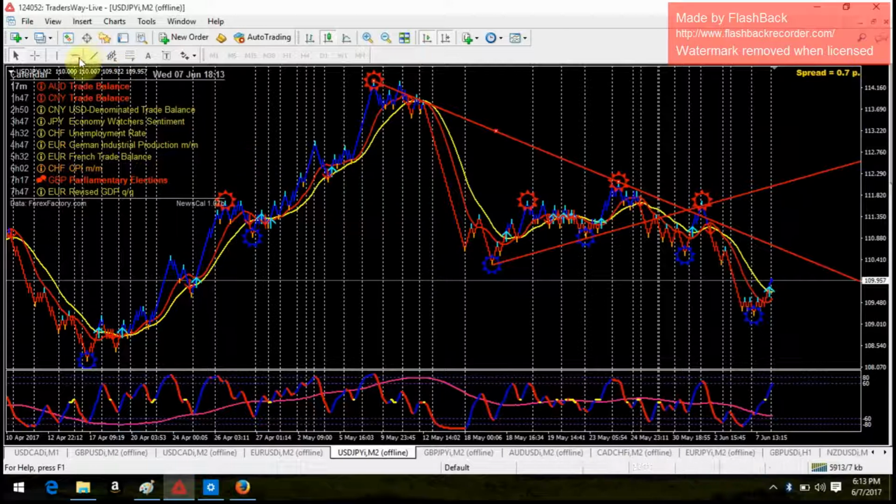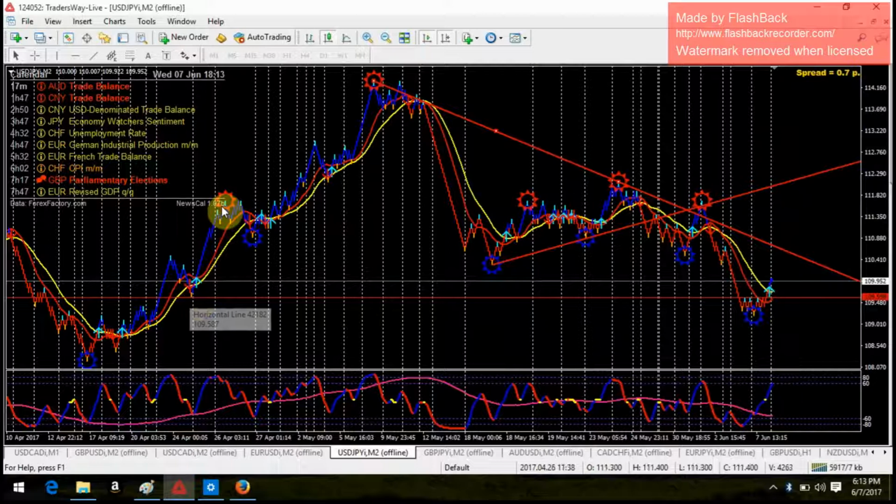This is a horizontal line. Sometimes I use this tool to point out points. From this point we saw it rose a large percentage, so that means this area right here is real strong. It has the power of potentially reversing us, as we can see a lot of volume playing from that.